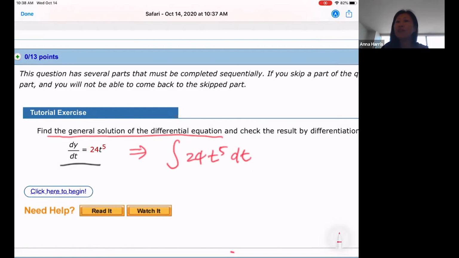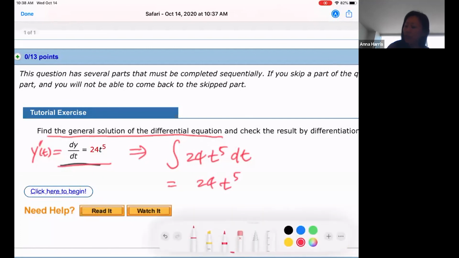Okay, find a general solution to a differential equation. So this is a differential equation, right? This is the same as y prime over t. That's the function. All right, so this is what that means. So you know what to do. In this case, I'm going to write down just what that is.